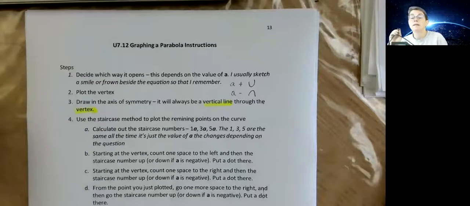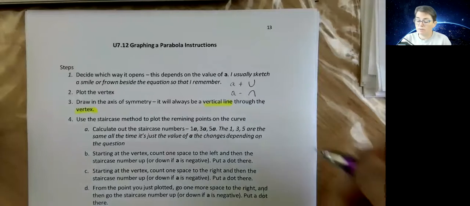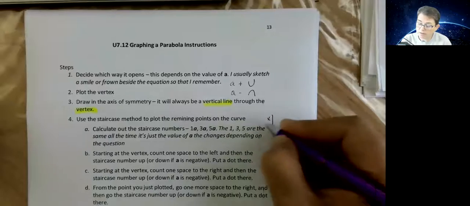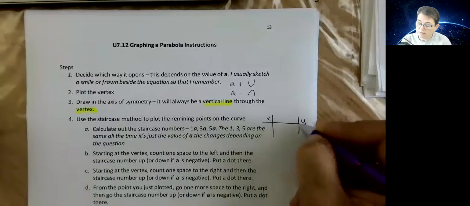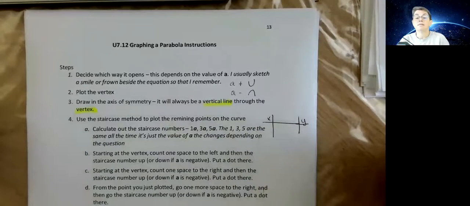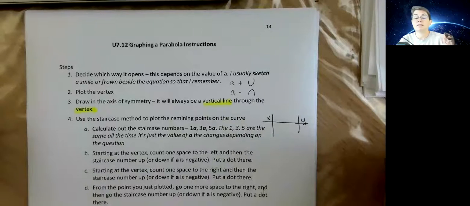The cool part is when we get around to plotting the actual shape of the parabola. We don't have to do the normal table thing, because it takes a long time. A girl I was tutoring once taught me this, and it's called the staircase method.